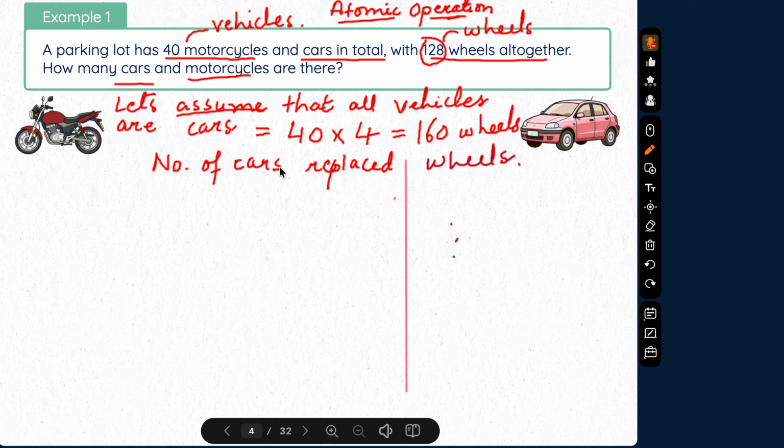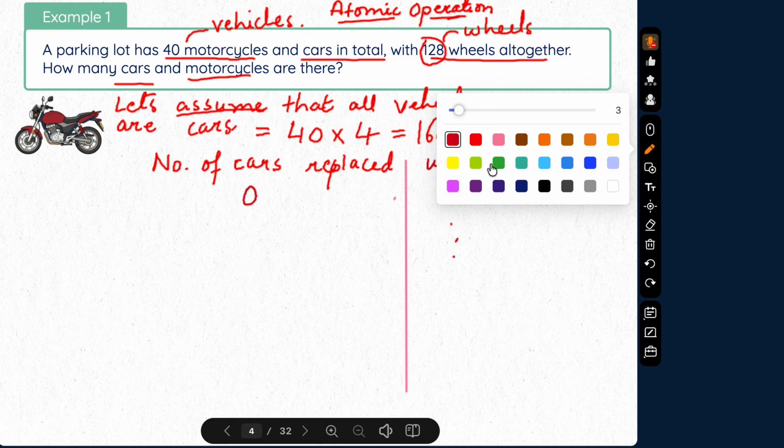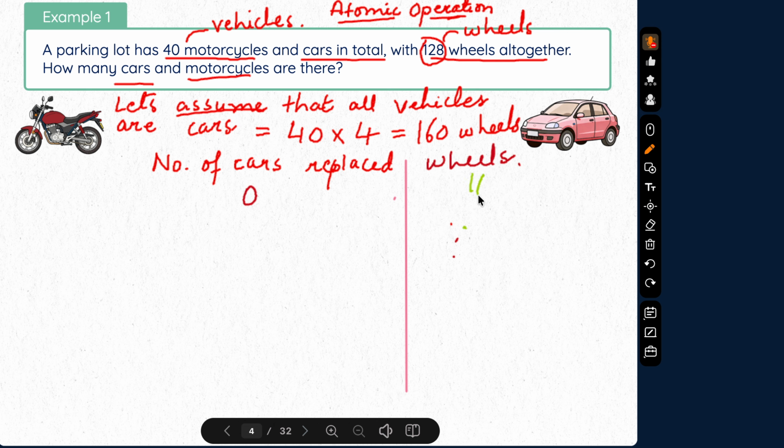If I replace zero cars, so all of them are cars, in that case how many wheels will be there? About 160 wheels. Very good.